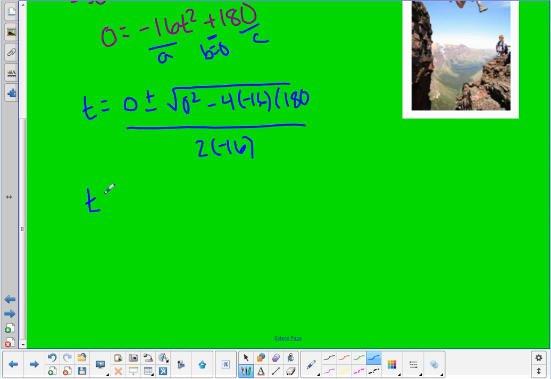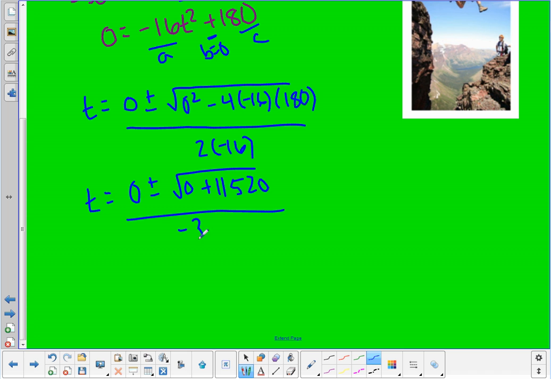So t is equal to 0 plus or minus the square root of 0 squared, which is still 0, minus 4 times negative 16 times 180. Oh, whoops, I forgot to close that parenthesis. I get 11,520 for that when I type it into my calculator.